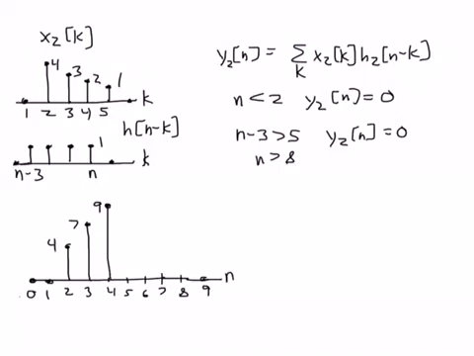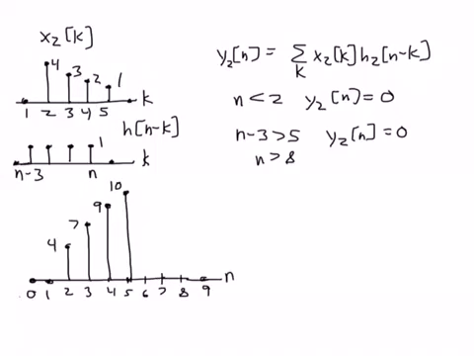If we shift it over to 5, now I've got 1 times 1, 1 times 2, 1 times 3, 1 times 4. So it's just the sum of these. 1 plus 2 plus 3, that's 6, plus 4, that's 10. So I'm at 10 at 5.